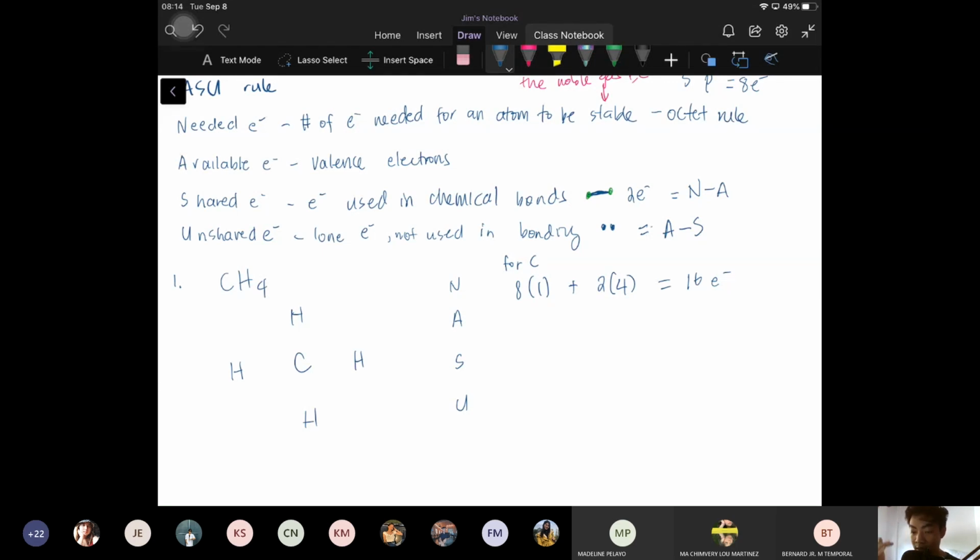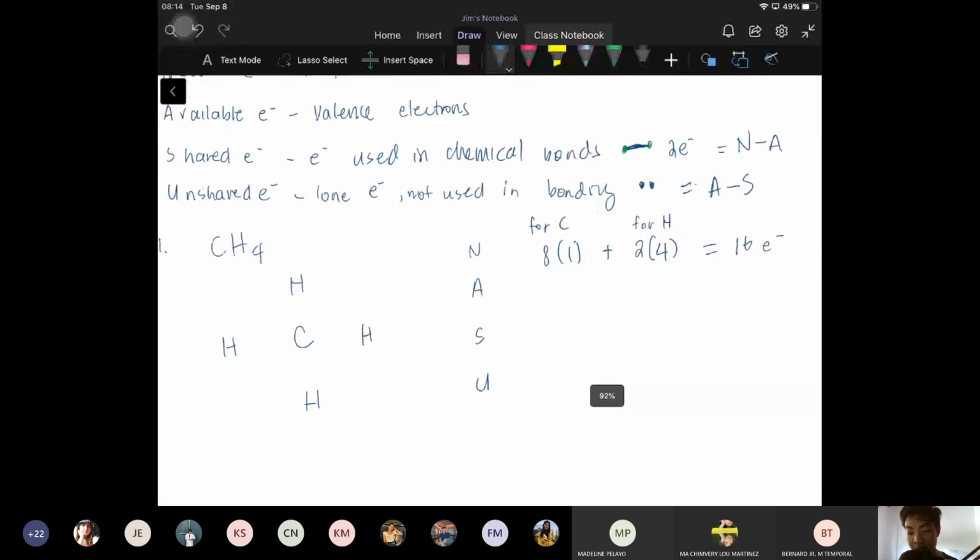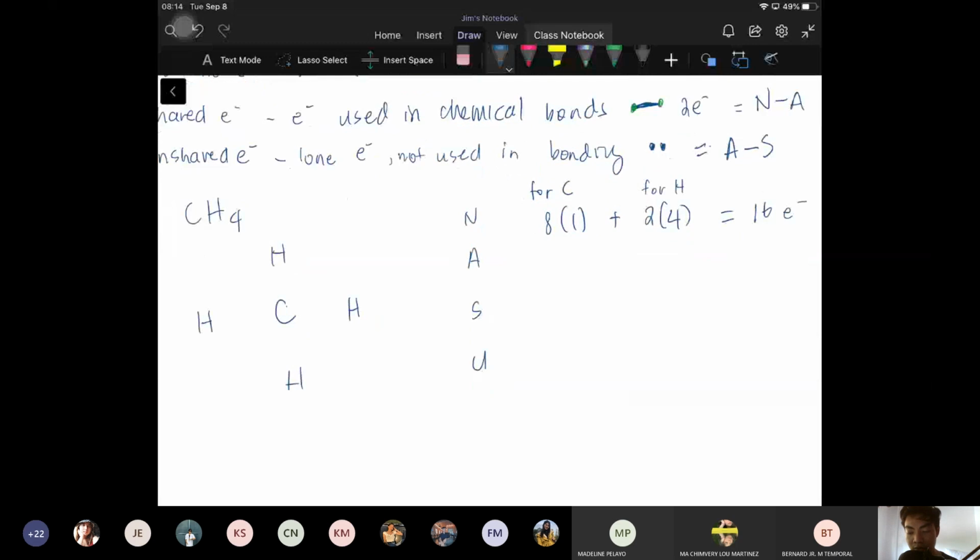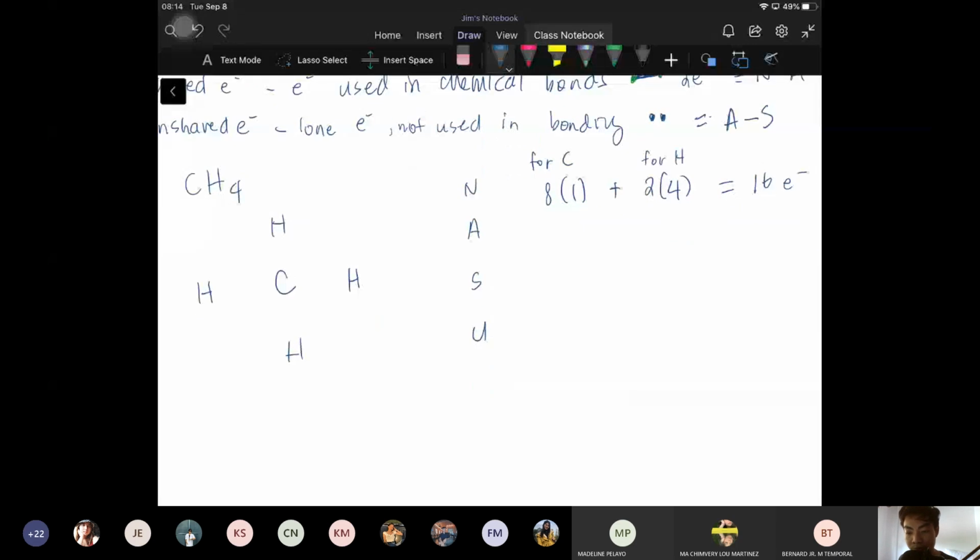Tapos na tayo dyan. A, available. When we say A or available, that pertains to the valence electrons. Okay, so meaning lang nun, we are just going to check kung anong group siya sa periodic table. Carbon is group 4 sa periodic table. Paano uli yung counting?